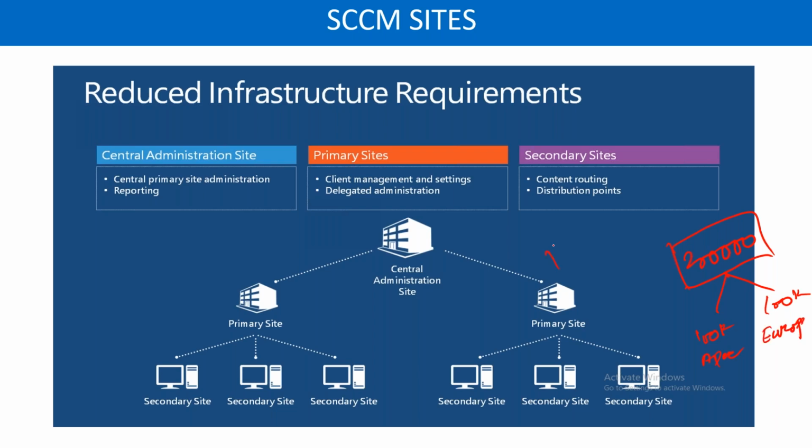So we will have one primary site in Europe and another primary site in Asia Pacific, and both will report to the central administration site. The secondary sites will be reporting to their respective primary sites. Okay.